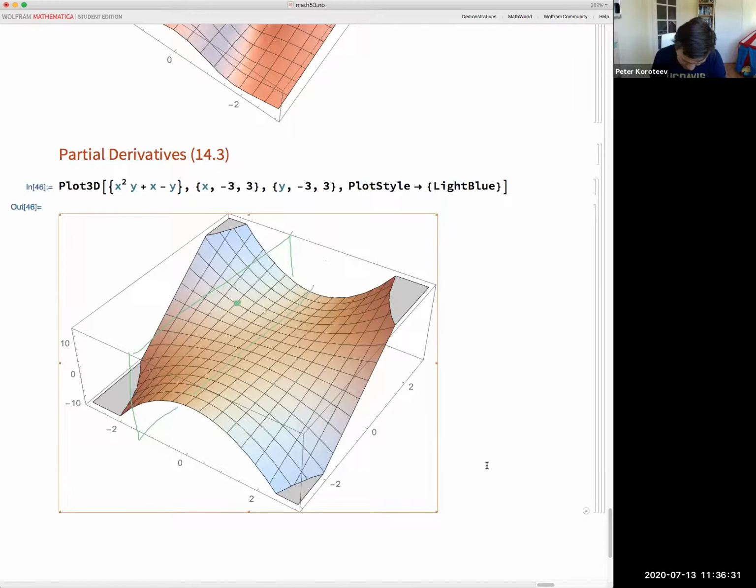This will cut through the graph somehow like that. So we fix a point with coordinates a and b.